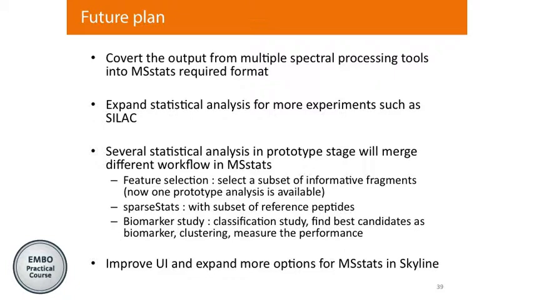And there is sparse stat. This is for when you have only a few reference peptides and everything else is label-free; we can impute from the reference ones to get better results. This is another separate paper from Nature Methods, and we are going to integrate this function in MSstats. So MSstats is kind of a pipeline for mass spectrometry proteomics, and we plan to expand different branches for different functions.